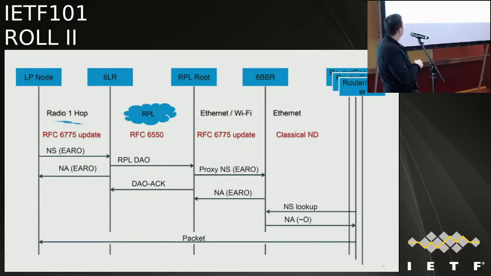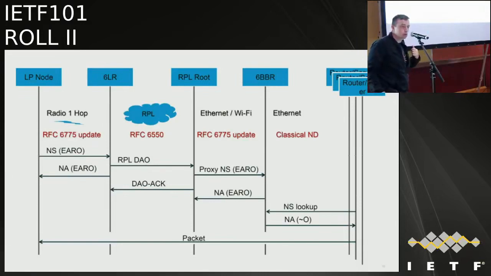Now, remember, normally when you have an NS with ARO, you must have a DAR/DAC all the way to the 6LBR across the mesh. That's a cost. But since we have RPL doing DAO, we can use the fact that we got a DAO at the root, which can coexist with a 6LBR, to say, hey, Mr. 6LBR, we're okay. We got a DAO that's equivalent to the DAR/DAC, right? In which case you don't have to do both.